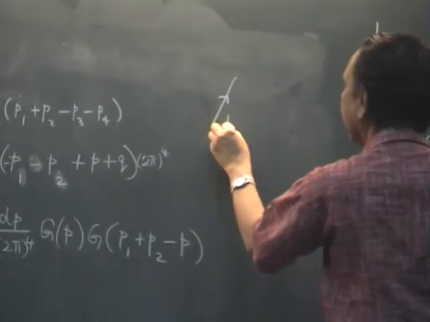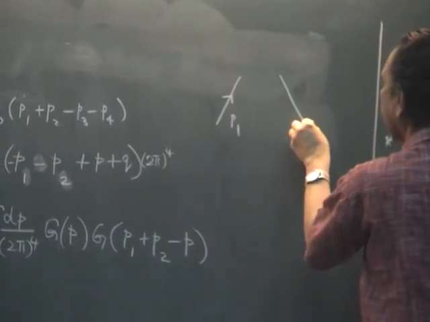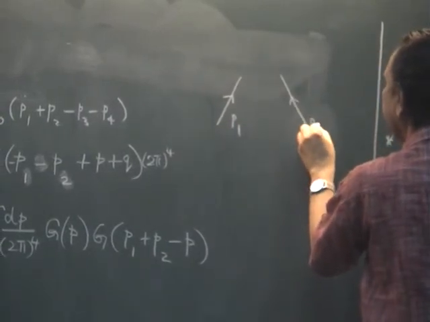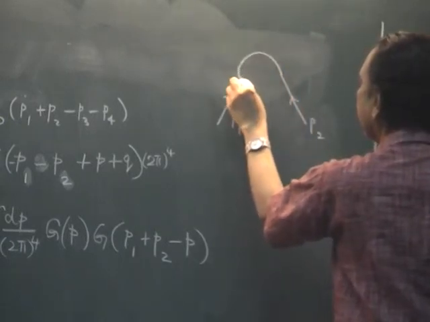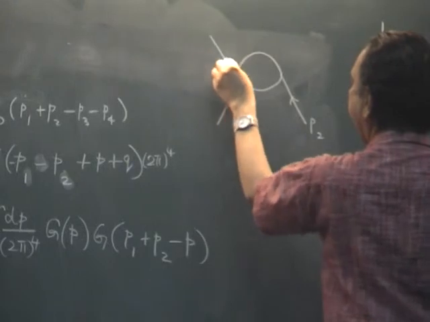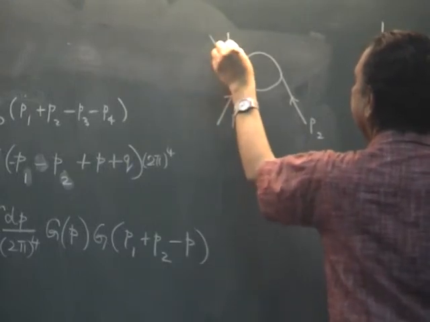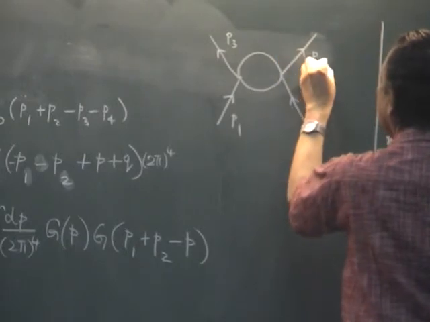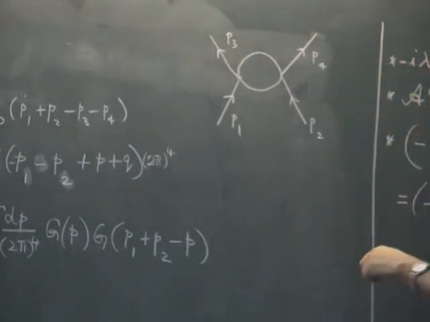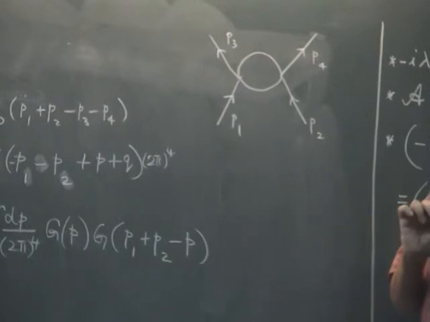What that is, we can immediately draw from this picture. Suppose I have a P1 going here, P2 going here. It is exactly this diagram in momentum space. P3 here and a P4 here. Okay. Now at every vertex I have to conserve momentum.